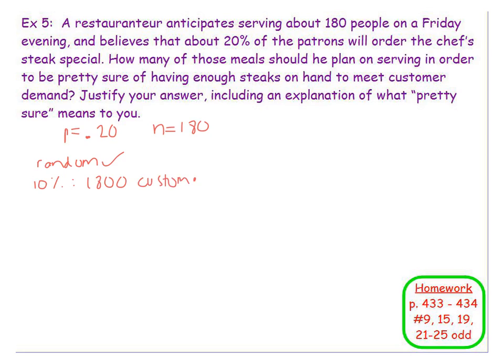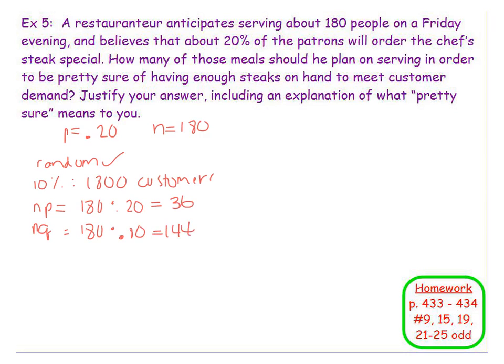Well, if they see 180 on one night, I would probably say it's safe to assume that they've seen that many customers in total. np and nq. So 180 times 0.20 and 180 times 0.80. So I end up with 36 for that one and 144 for that one.